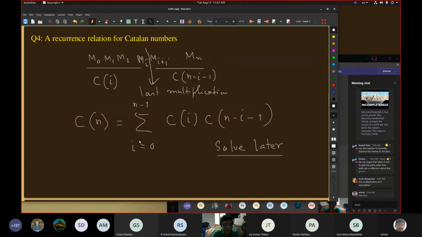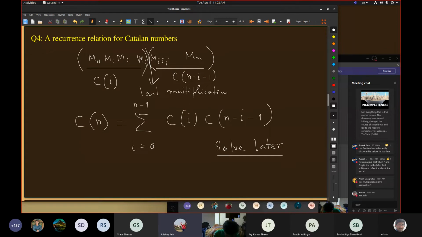Sir, here in the recurrence relation, we are assuming that there is a bracket around mi and mi plus 1. But in some cases there may be more numbers in that bracket. Wait. I am assuming that the last multiplication is something like this.